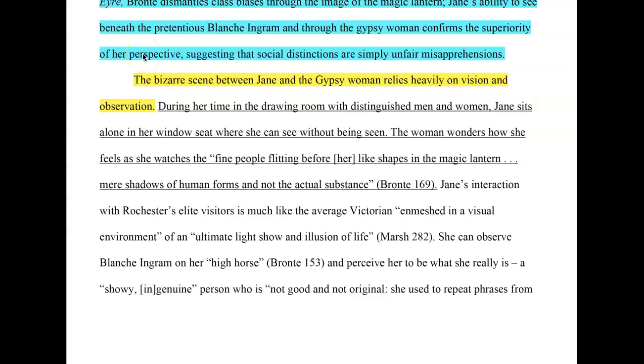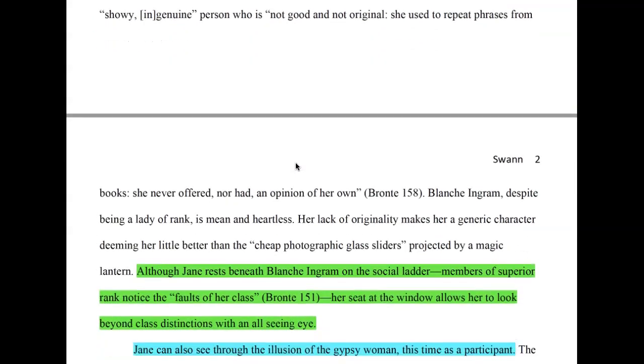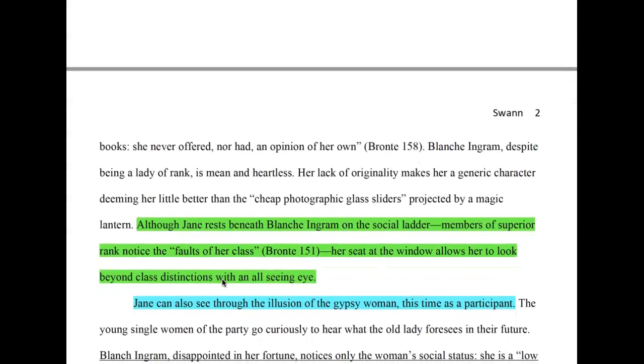Following my topic sentence, I have my textual evidence, my support, my examples from specific elements of the text that are integrated into my own words. Following my textual evidence and my analysis, I have my concluding sentence where I connect it back to my thesis statement or my so what.